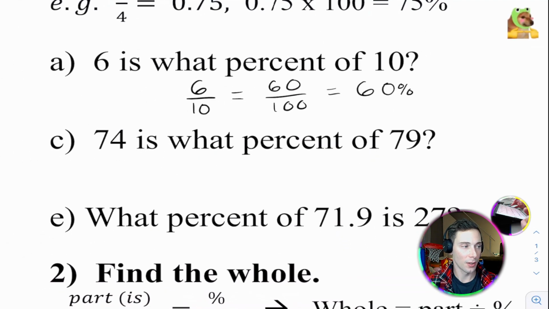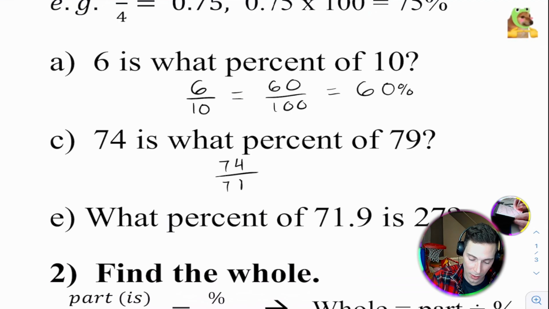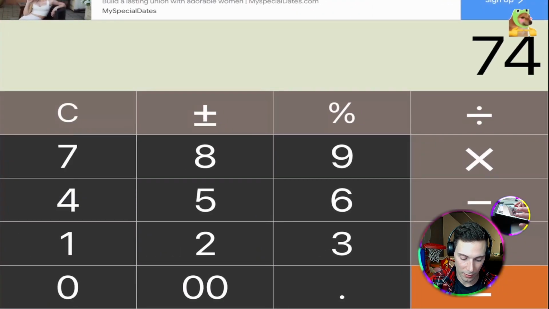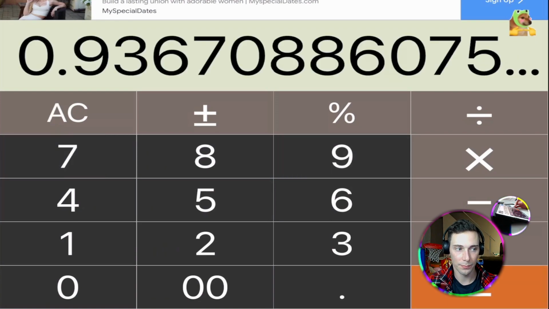Next one says, 74 is what percent of 79? Now I'm going to use my calculator. I'm going to go to decimal. 74 divided by 79 is equal to 0.936.